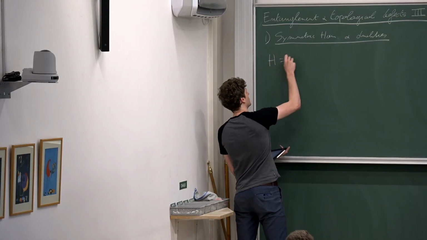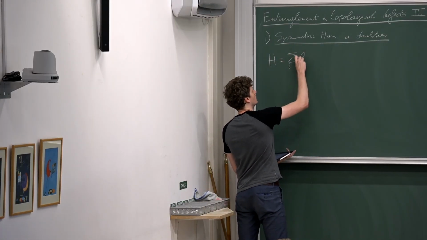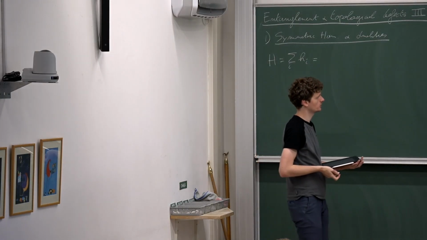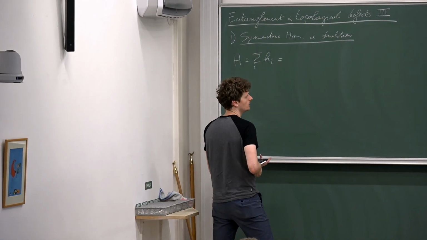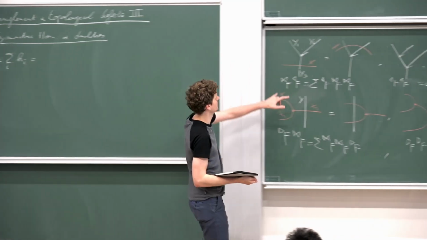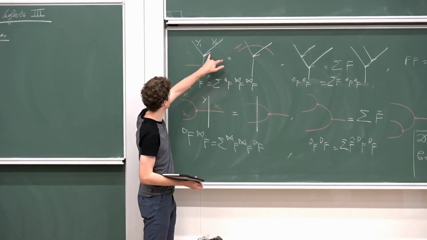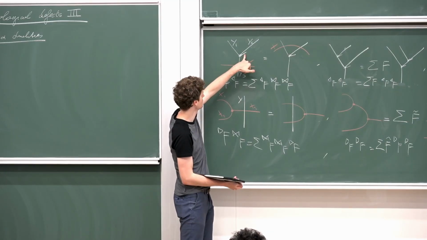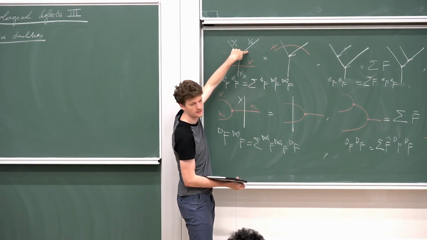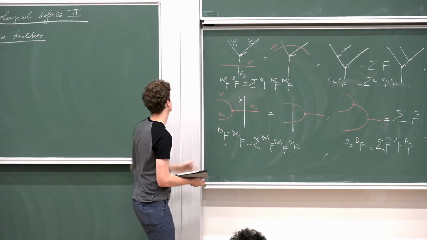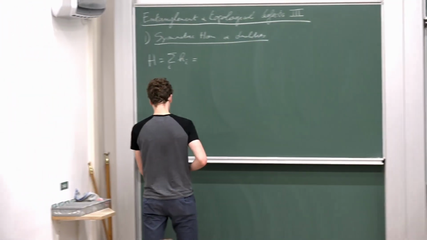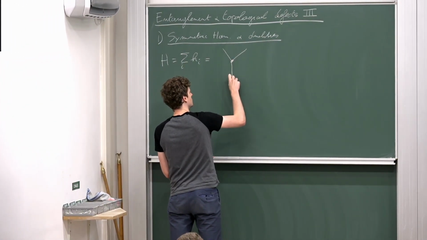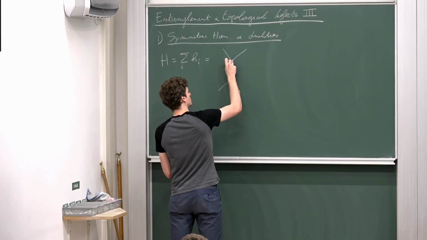So I'm going to be assuming that this Hamiltonian is some sum of local terms. And I want these Hamiltonians to have some symmetry. Now, if you look at this equation here, you should see that this leg is open, right? So this equation will hold regardless of what I contract this leg with. That's clear? So if I want to build a symmetric Hamiltonian, all I really have to do is take two of these.